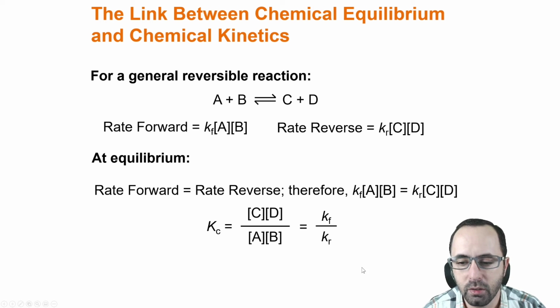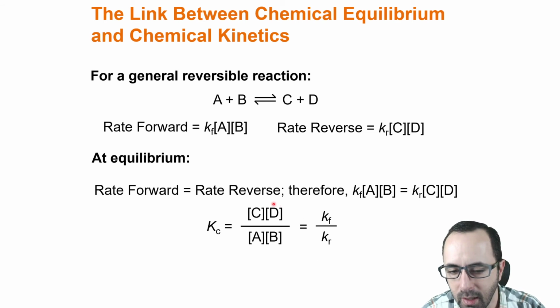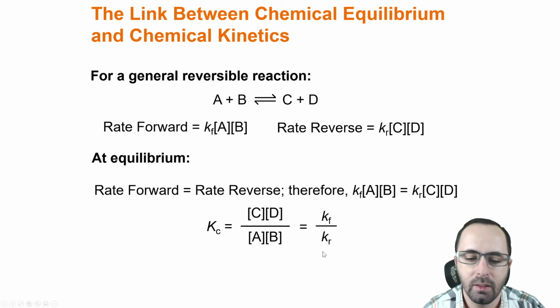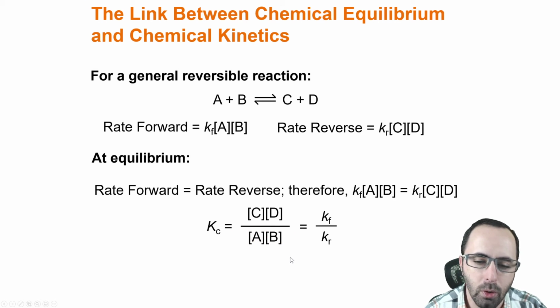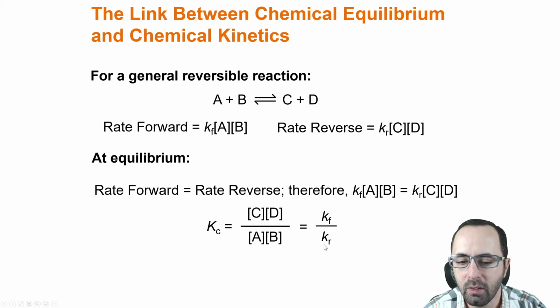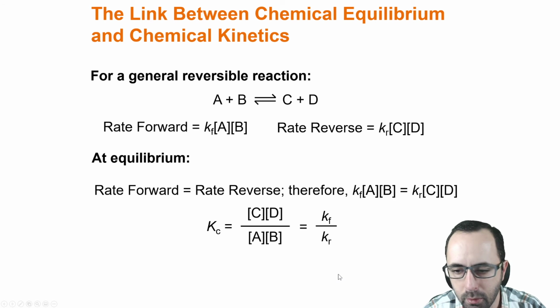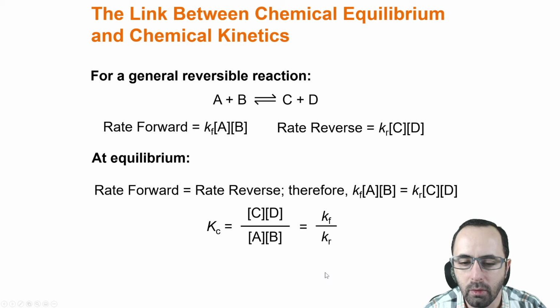This is a very weak link to get the idea across that a fast forward reaction is going to result in a lot of products, so you're going to have a big K. A fast reverse reaction means you're not going to have a lot of products, you're going to have a lot of reactants, so it corresponds to a smaller K. But there's not a strong numerical link that's easy to talk about. It's just a loose connection between the two.